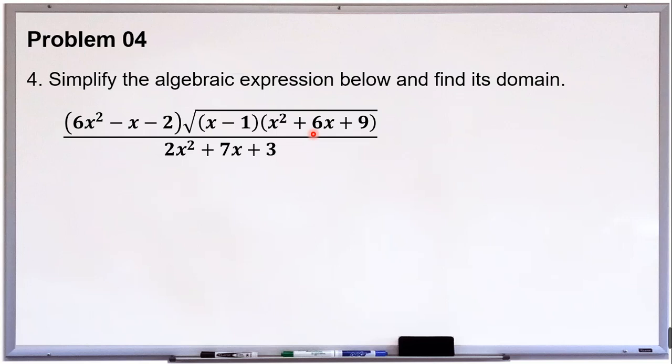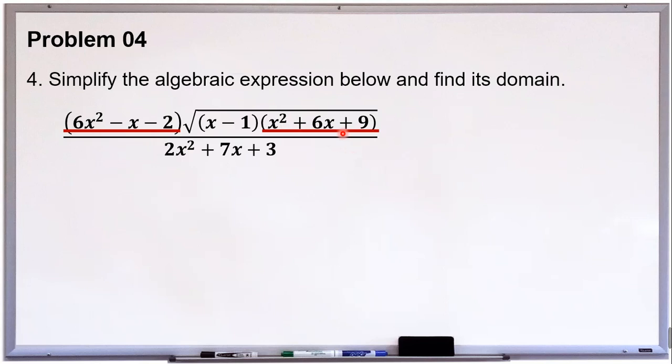Okay? So, by looking at this expression, we have three trinomial expressions. And the first one, which is in the numerator, you have 6x squared minus x minus 2. So this one is not a perfect square. So the method in factoring this one completely is by trial and error. And then for our second trinomial expression, which can be found inside the radical symbol, you have x squared plus 6x plus 9.